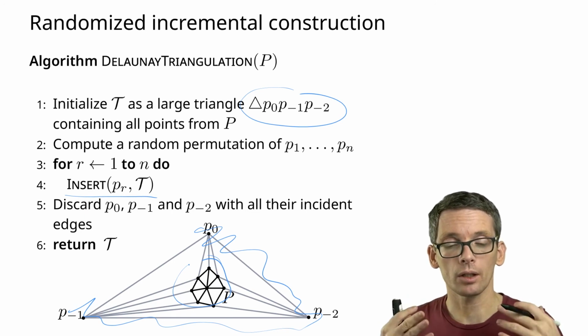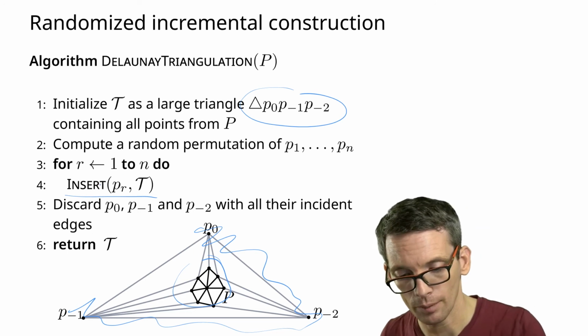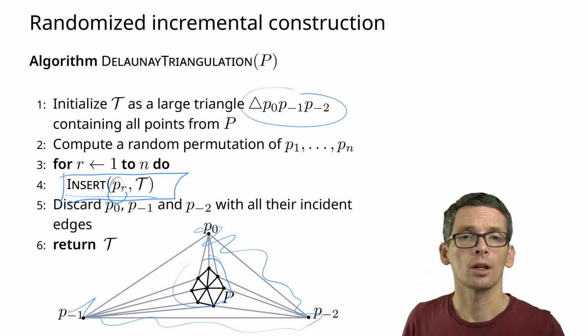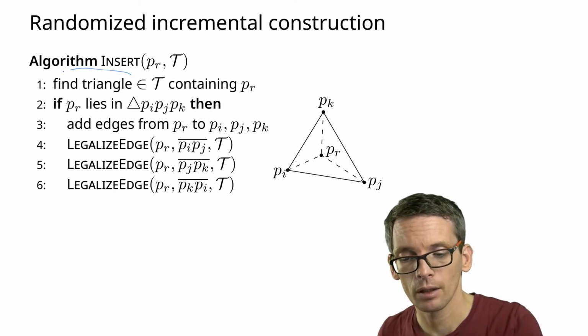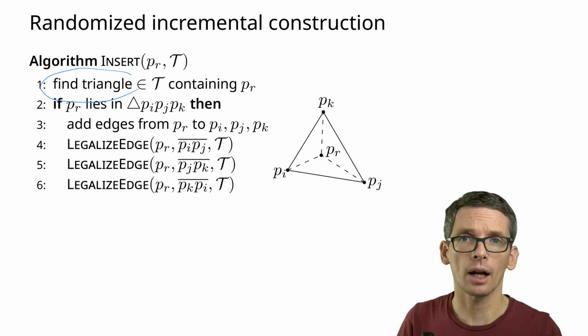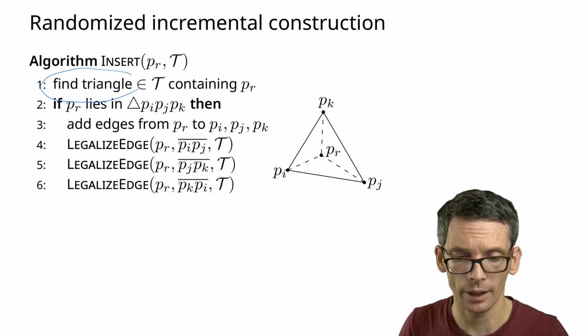So when we insert a point, what do we need to do? First of all, we need to find the triangle that contains this point, and we will discuss how to do that later.